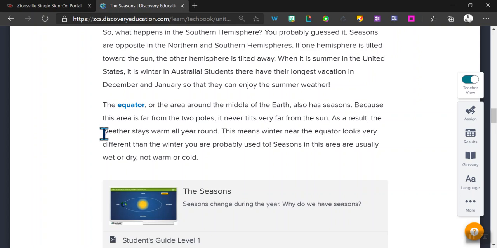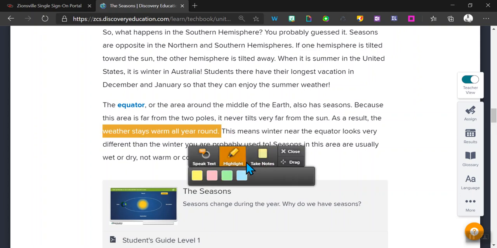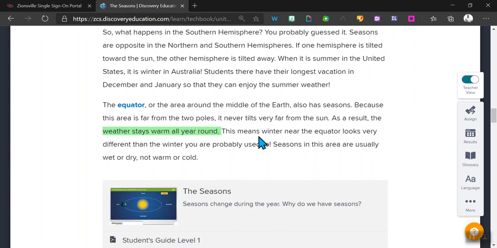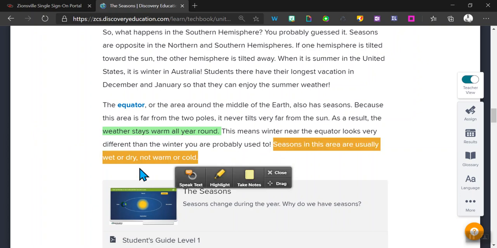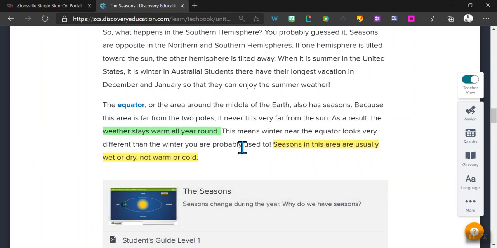As a result, the weather stays warm all year round. So winter near the equator looks very different than the winter we're at. The seasons in this area are usually wet or dry, not warm and cold. Right? So the equator has more wet and dry seasons versus warm and cold.